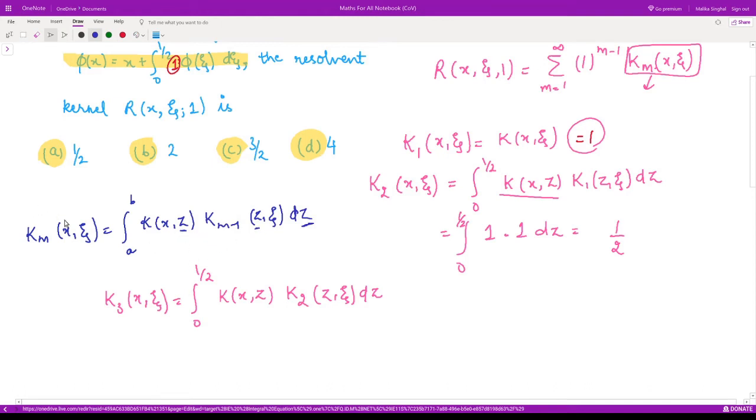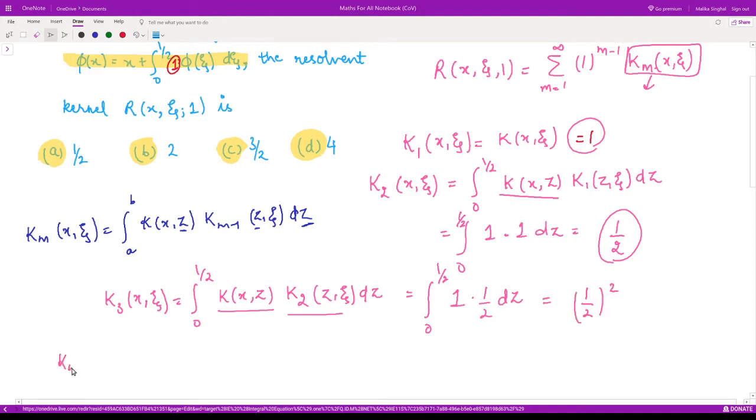So this is the definition. Accordingly, we have integration from 0 to half of 1 times its value, which is half, and integration is with respect to dz, so it would be 1 by 2 raised to power 2.